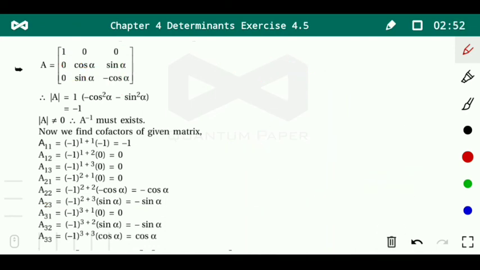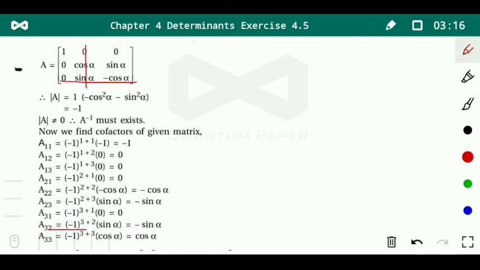Now we have to find capital A31. So we remove third row, first column. So the answer is 0, because the remaining elements are 0 0 cos alpha sin alpha and their determinant will be 0. So A31 will be 0. Next A32. So we remove third row, second column.